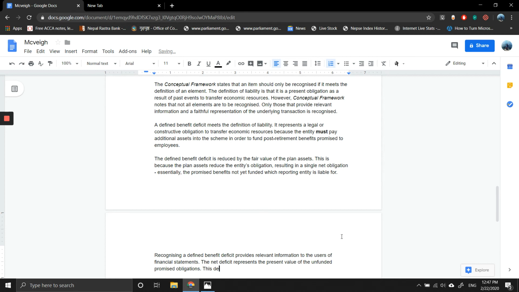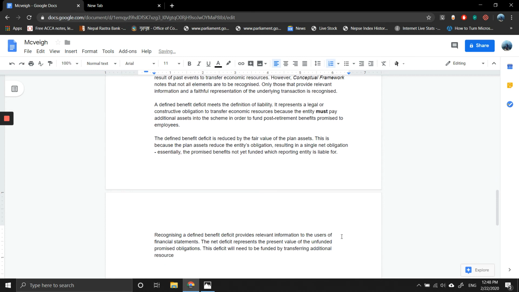This deficit will need to be funded by transferring additional resource, so such transfer of resource will eventually reduce the investment and dividend payments.